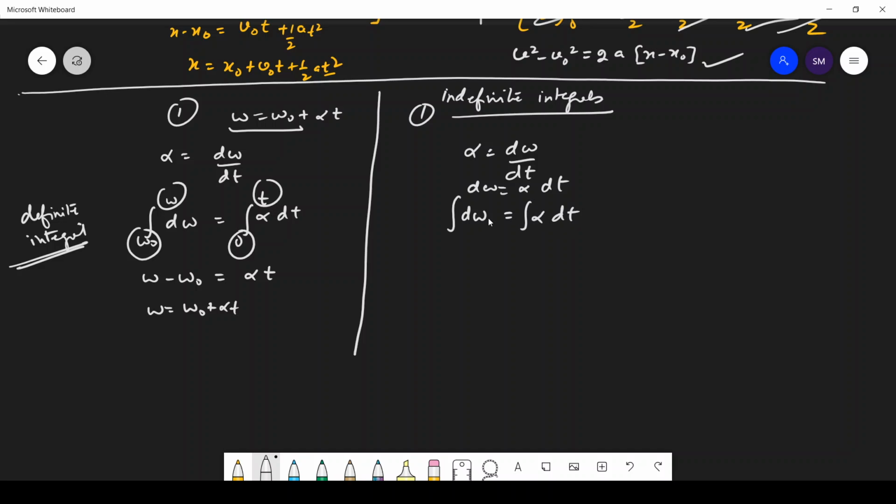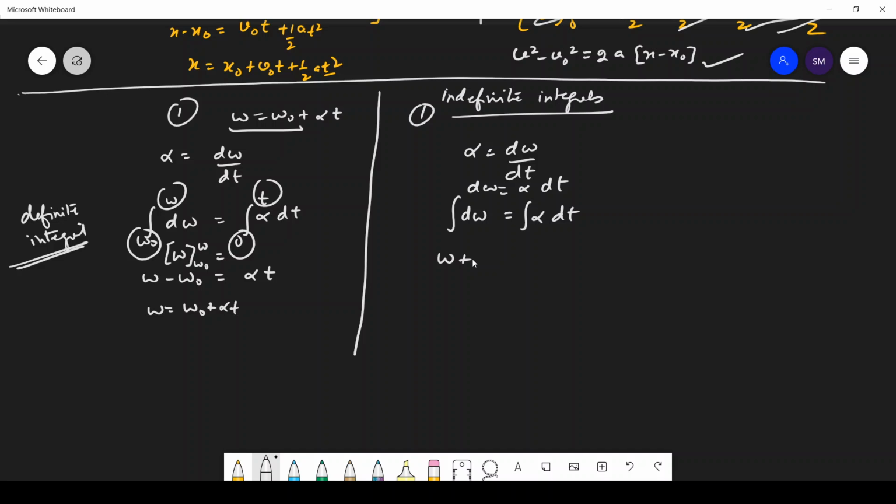But here I am not taking it with limits, so no limits. Now what is the integration of d omega? That's omega plus, what's the difference here? Here the integration was omega, right? And there we were writing the limits, right?